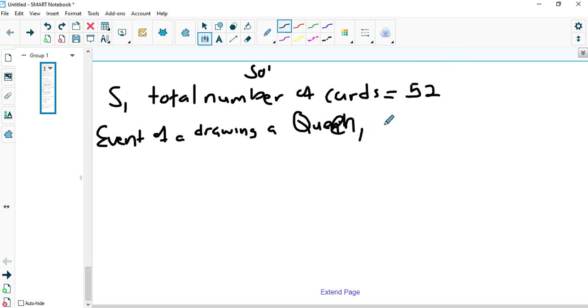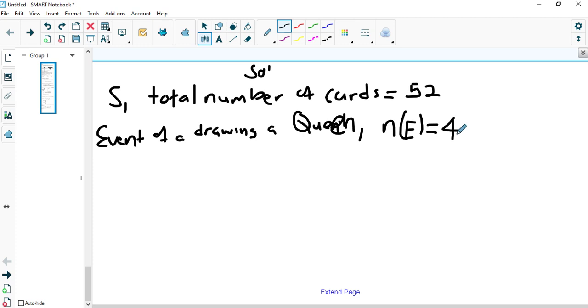That is what we call the number of the favorable event. In other words, out of the 52 cards, how many queens are there? If you know these games, you can agree with me that the total number of queens is 4: clubs, spades, hearts, diamonds. So there are 4 in total. All queens are 4, while all cards are 52.